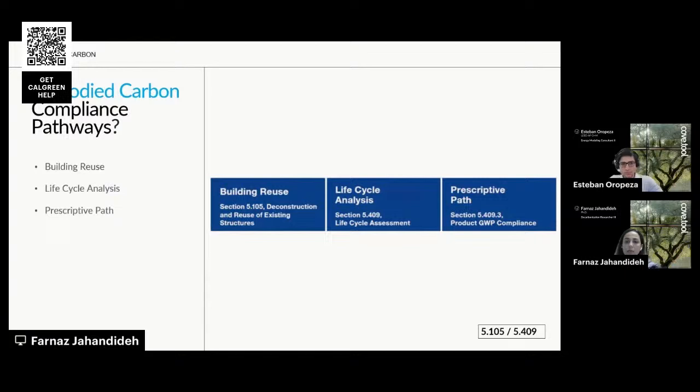This is the modeling pathway where you will need to show a 10% reduction in embodied carbon from a baseline building. And the last is the prescriptive pathway, which targets carbon reduction in specific materials. For the mandatory measures, this limits the global warming potential to 175% of the industry-wide average from EPDs.